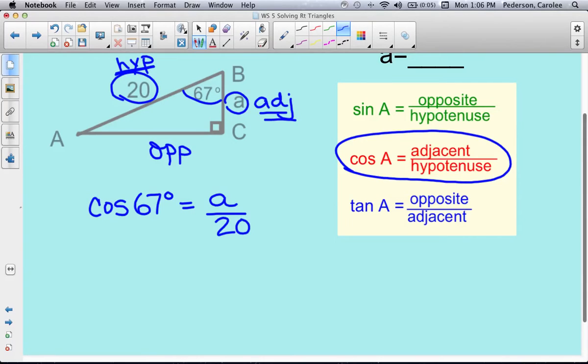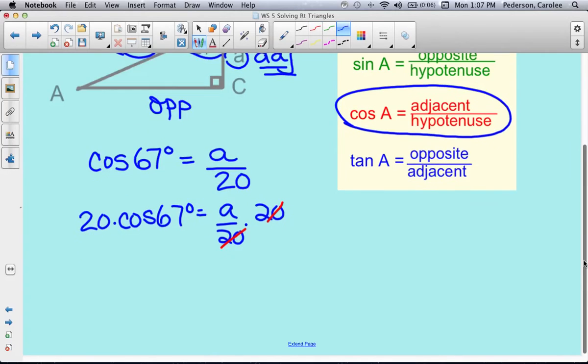And now we solve this equation for A. So we want to remove that 20 from the denominator. So we're going to multiply both sides by 20. And what that does is it cancels out the 20 from the right side. Now we need to use our calculator. We want to evaluate the cosine of 67 degrees.